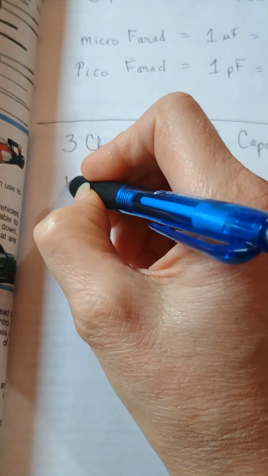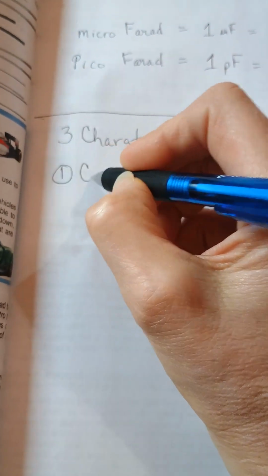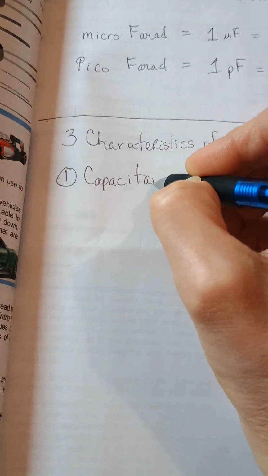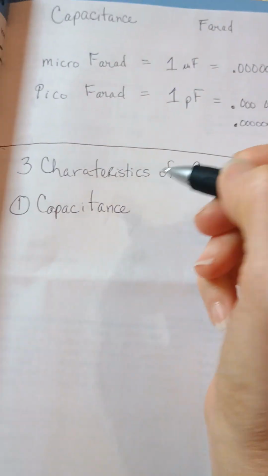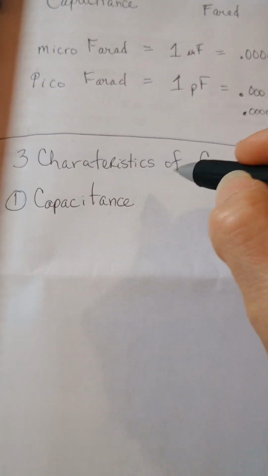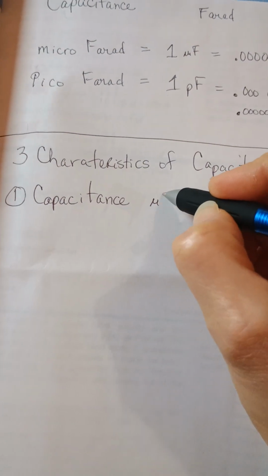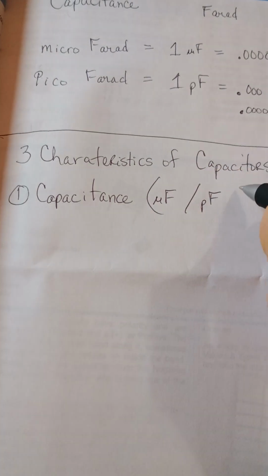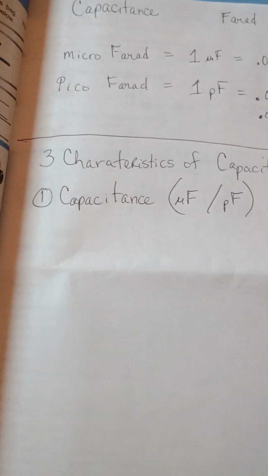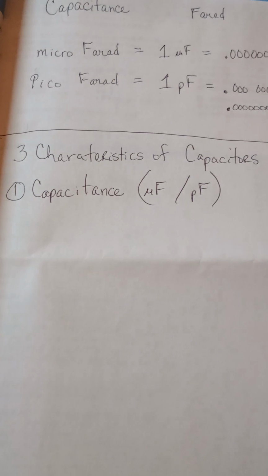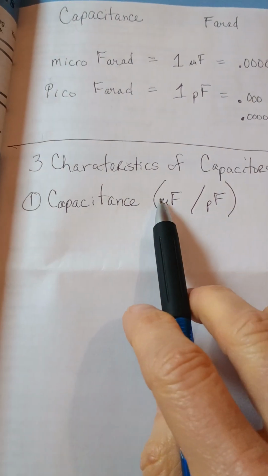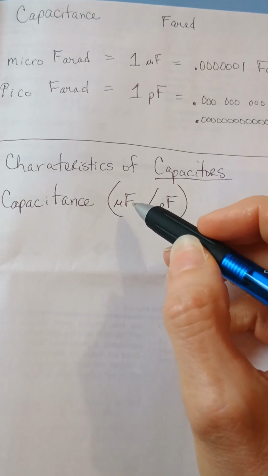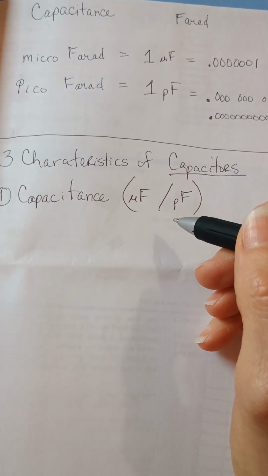Number 1, it has a capacitance, and that is simply measured in microfarads or picofarads. If you remember back in resistors, we measured it in ohms. Well, in capacitors, we measure it in farads. Okay, and we just learned about that.